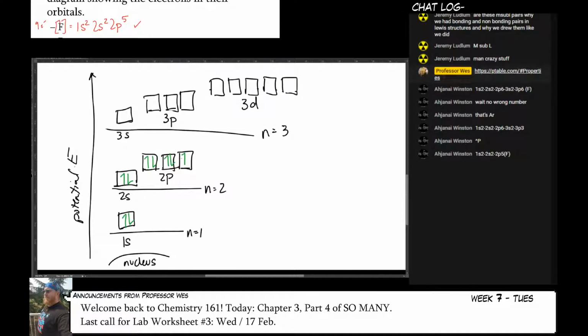You can have the single be wherever you want, it doesn't matter. The convention is that we work left to right. That's just what's done. So your fluorine diagram should look something like this, and that would be where your 1s2, 2s2, 2p5 comes from. So here's my 1s2, 2s2, 2p5. There you go.